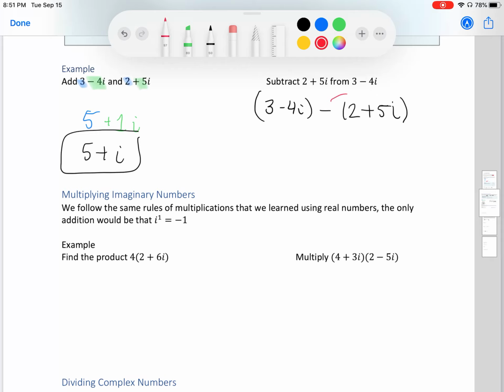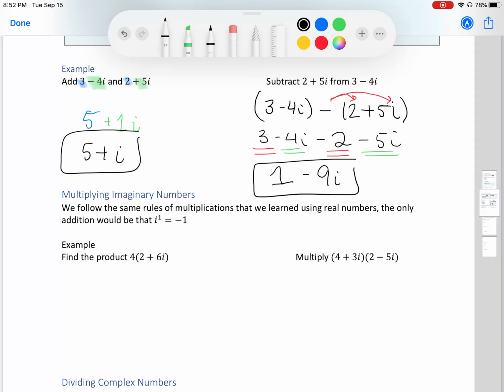Let's start by distributing the negative, so that you have 3 minus 4i minus 2 minus 5i. And we can combine like terms. Let's add our reals. 3 minus 2 gives us 1. And our complex, negative 4 minus 5, we get negative 9i. And this would be our answer.